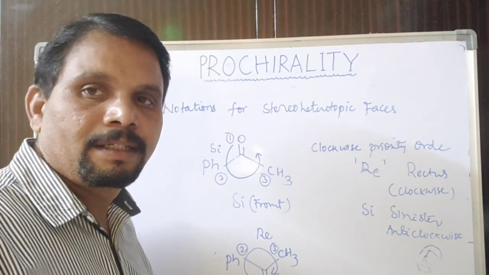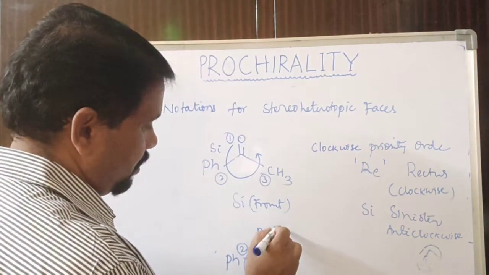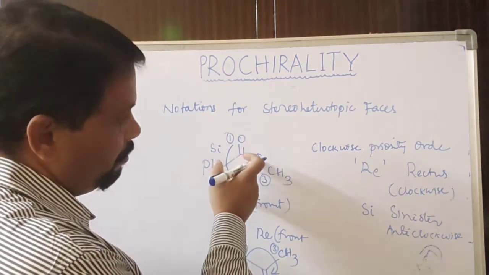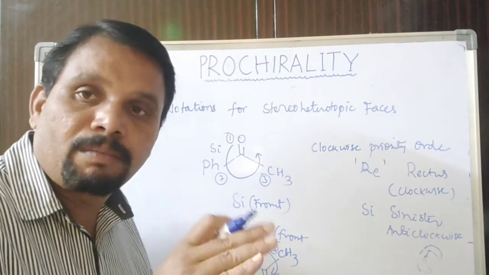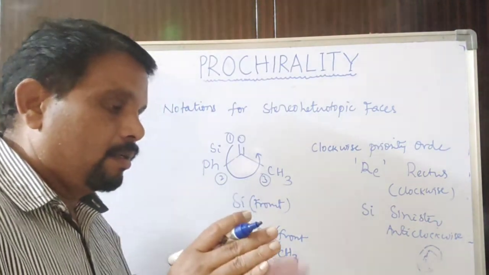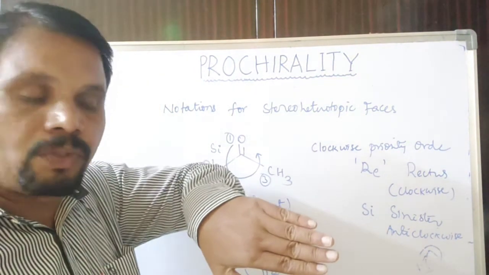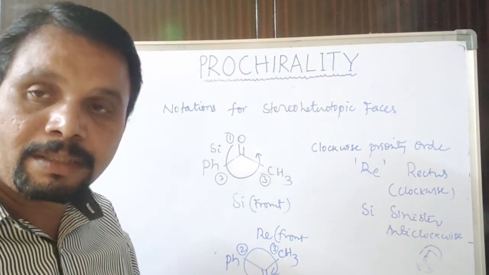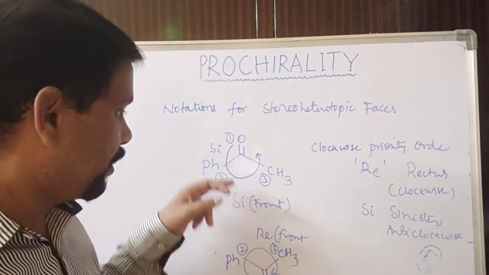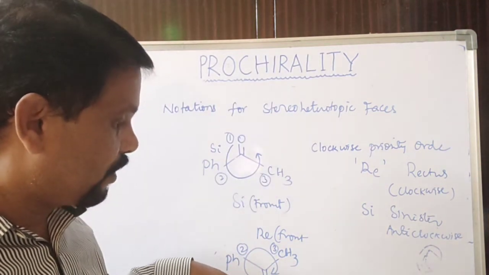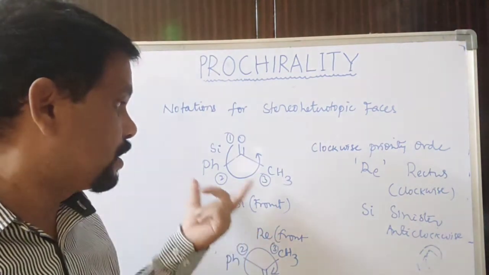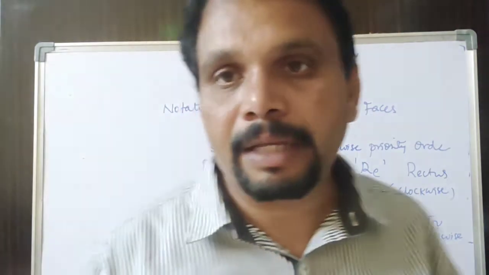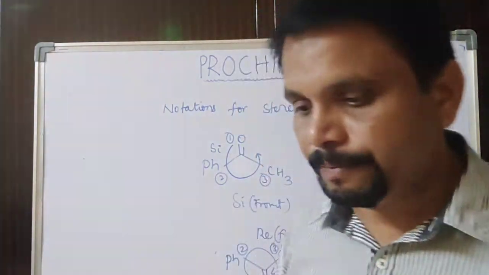Re phase is front and Si phase is back, because we turn that molecule from this place to like this. So that Si phase will go back, therefore Re phase will come front. So if you reverse this molecule, the notations or discriminations of this Re and Si will be changed.